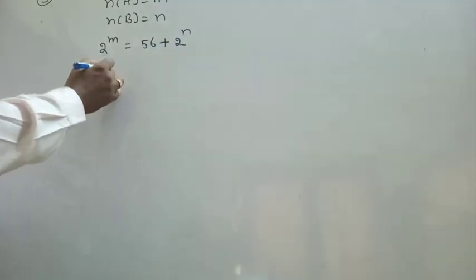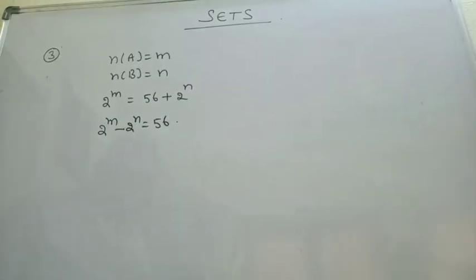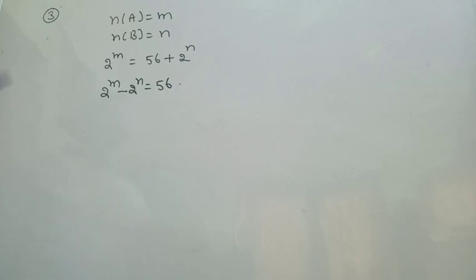That means 2 power m minus 2 power n is equal to 56. Now we need to find the m and n values that satisfy this. You can guess what will satisfy it. Let us observe.